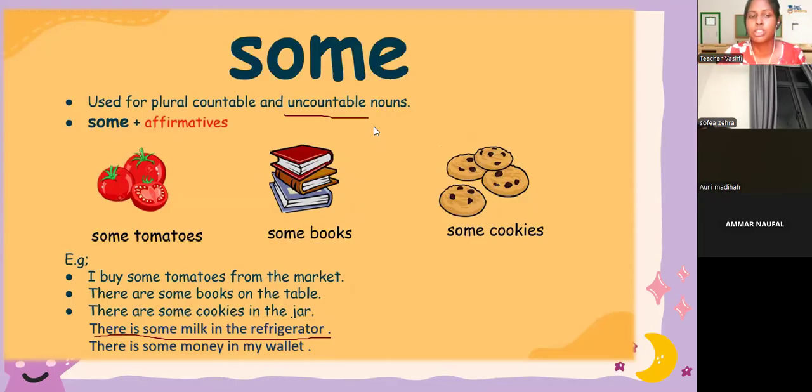Okay, uncountable nouns. So you can use the word some. There is some money in my wallet. Why use some? Because it is uncountable. All right. All you have to remember is if the sentence is positive, you use the word some.